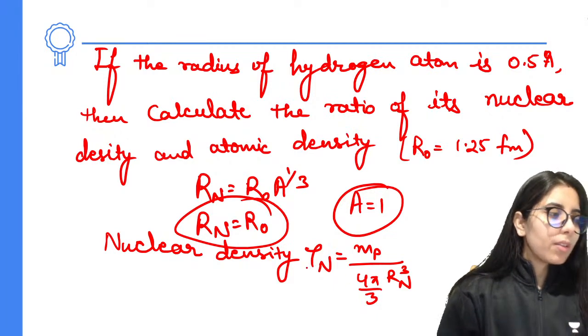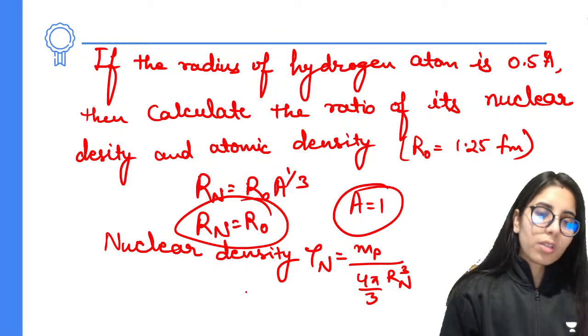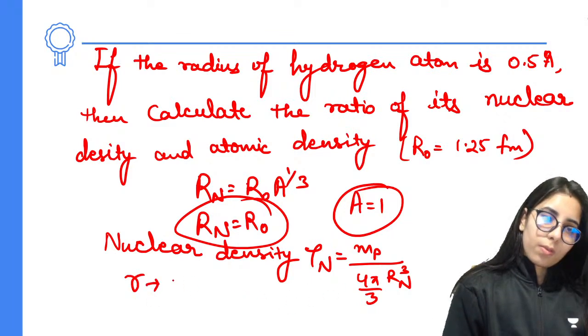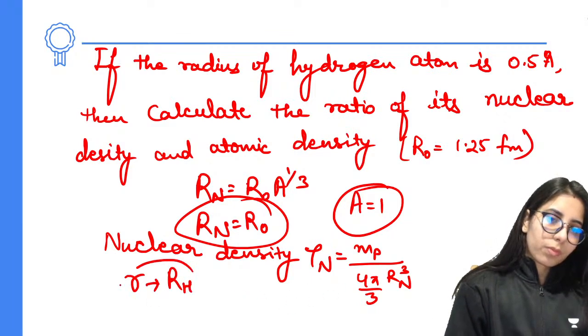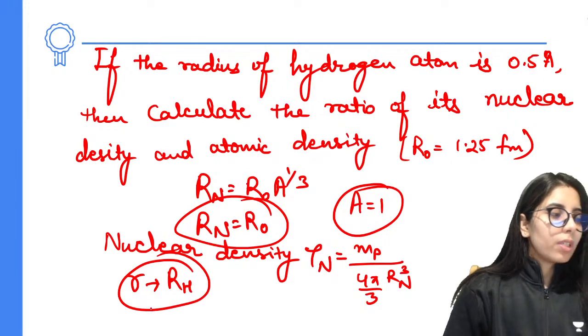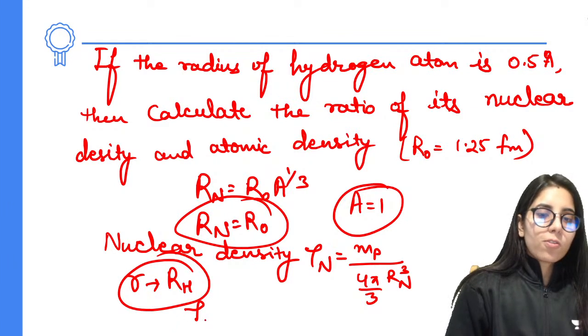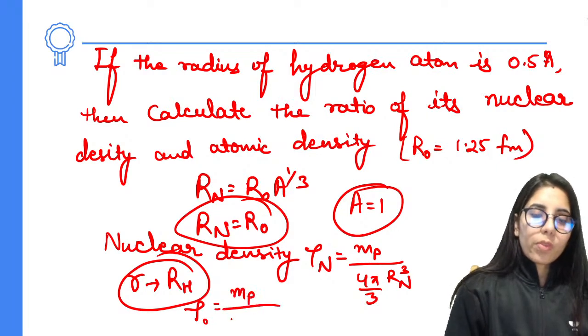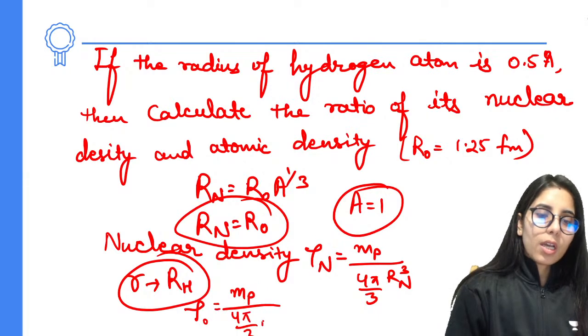If we will consider the radius of hydrogen atom in general is R. In this case, it's going to give you the atomic density, that is rho naught, atomic density, which will be equal to mp upon 4 pi by 3 RH cube.